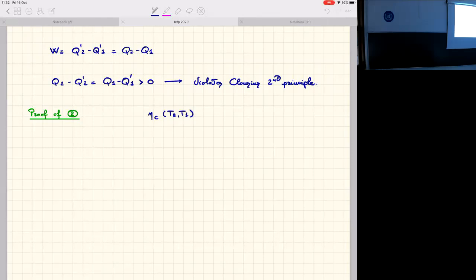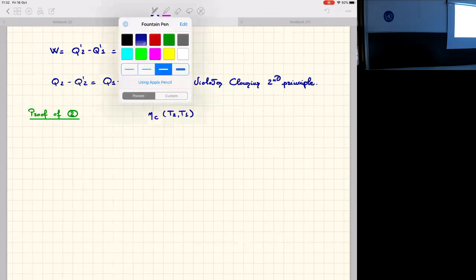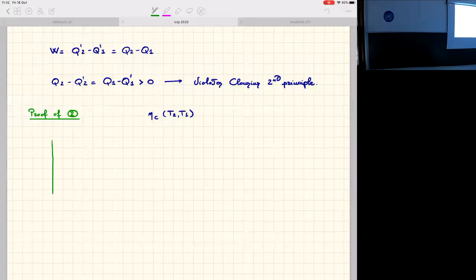So Carnot came up with this idea of, first of all, choosing a very peculiar working substance, which is our beloved ideal gas.